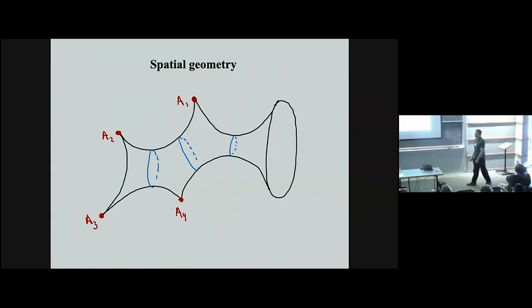Now, in order for this to solve the Einstein equation, the metric on the spatial geometry is the hyperbolic metric. So it looks something like this. Here I've drawn a picture where the 4 operators are all pretty heavy, so they all make conical defects that are quite strong.